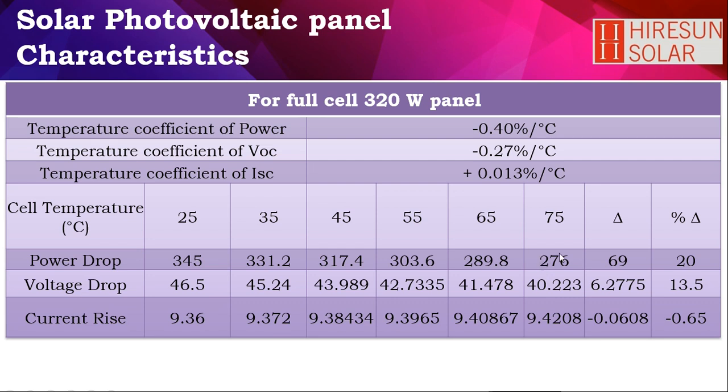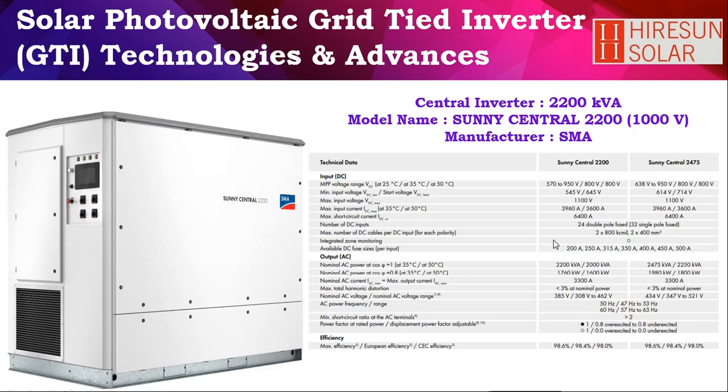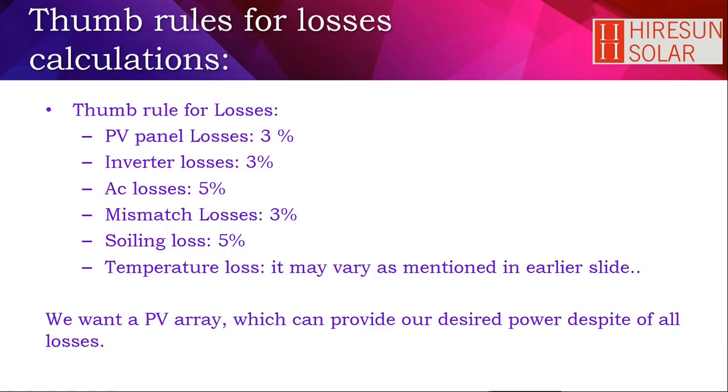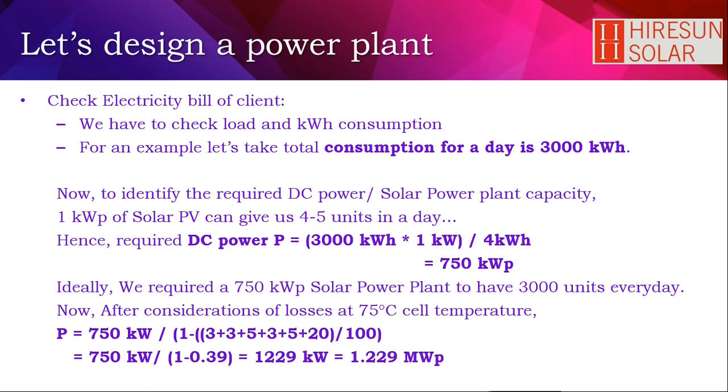At 75 degree centigrade we consider the losses, so this value has been taken and it is 20%. If we consider the same thing, we will get 1.229 kilowatt, that is nothing but a 1.2 megawatt peak power plant.